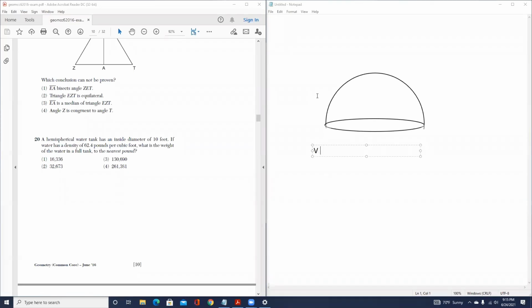And the volume for a regular sphere is equal to 4/3 times pi times r cubed. But in this case, the volume of our hemisphere is 1/2 of that.